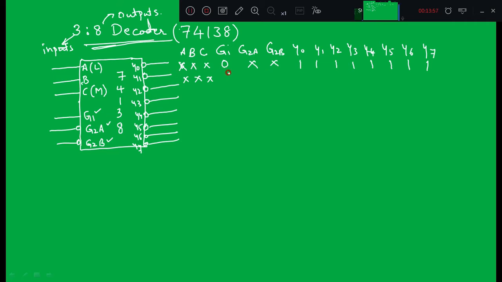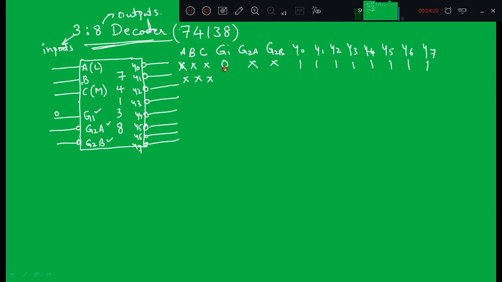So how to write this truth table? If G1 is 0, this particular decoder is not selected, because you have to set all three enable pins properly to select this 74138 decoder. G1 is active high, so if I make it 0, you are disabling this 74138 decoder, right?